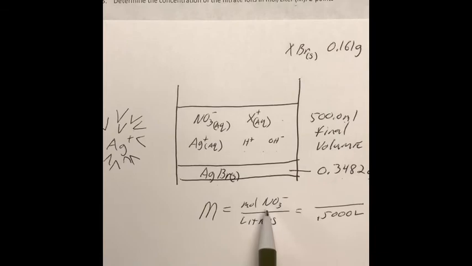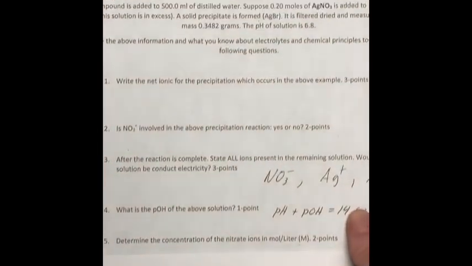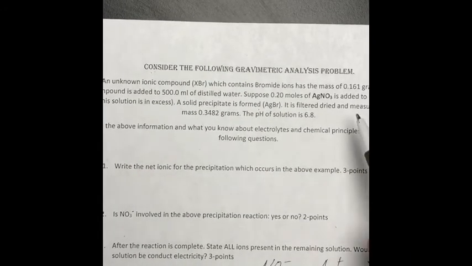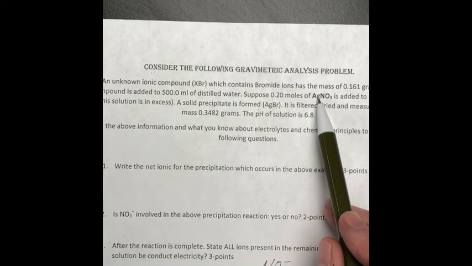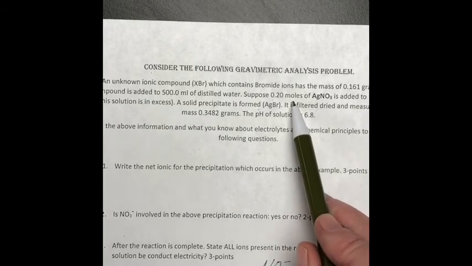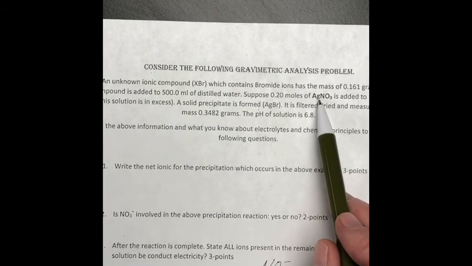Well, if we go back up to the question, let's see if we can find that. Okay. So here we have 0.20 moles of silver nitrate, aqueous, added to the solution. So there's our number of moles. Let's look at the ionization of silver nitrate.